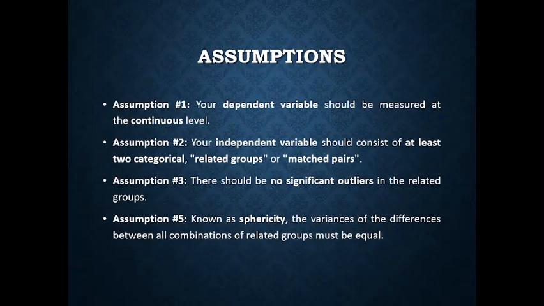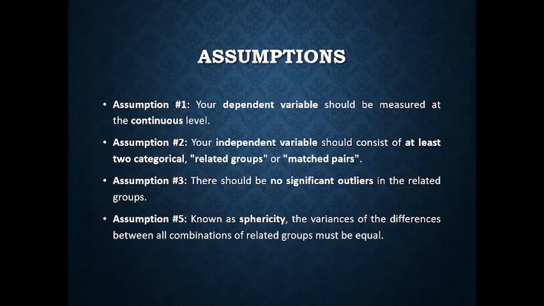There are certain assumptions of this general linear repeated measure ANOVA, and these need to be understood before conducting this kind of analysis. The first assumption is that your dependent variable should be measured at the continuous level, while the second is that your independent variable should consist of at least two categorical, that is, related or matched pairs.